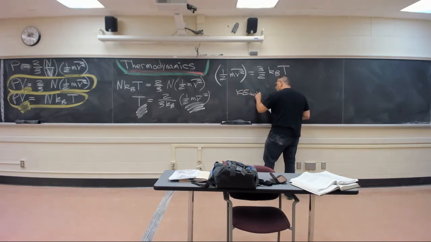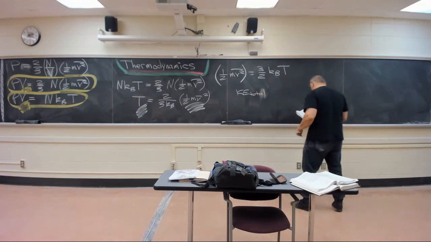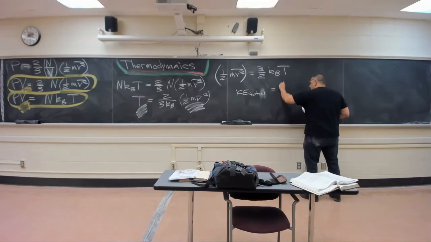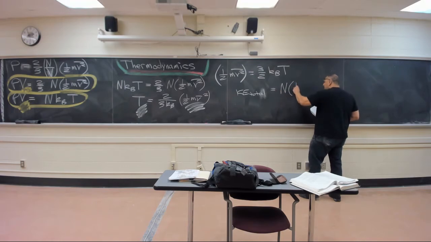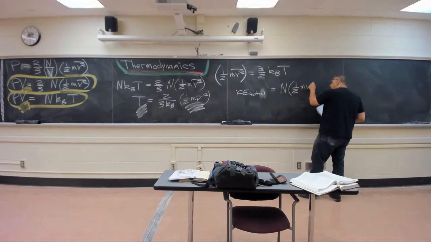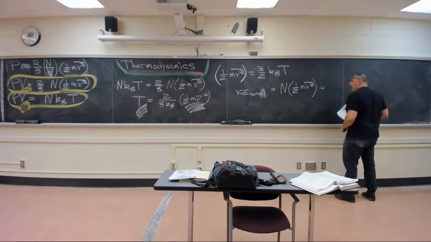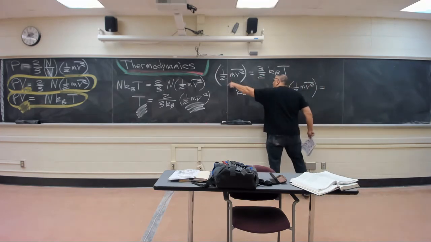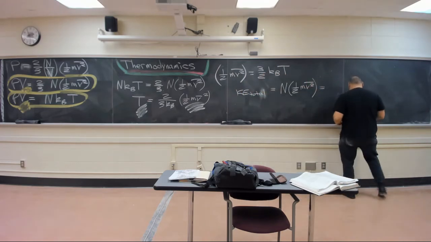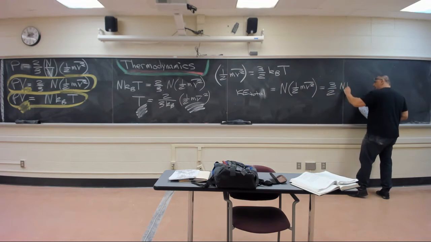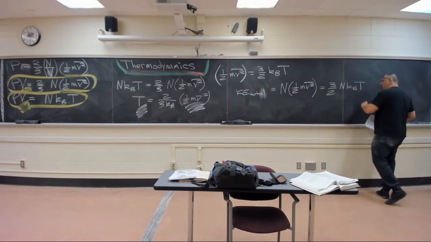KE total is everybody. All right, on average, right? How many are there? We just said it was capital N. Multiply by capital N over here, multiply by capital N over there. 3/2 N k_B T. Wait, that looks awfully familiar.